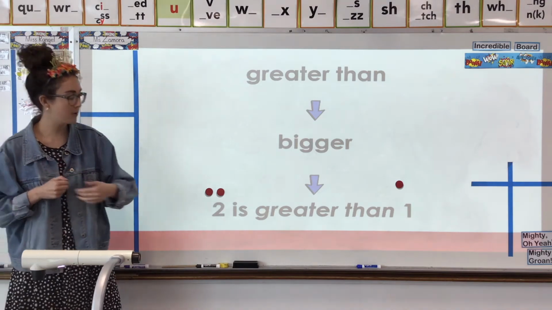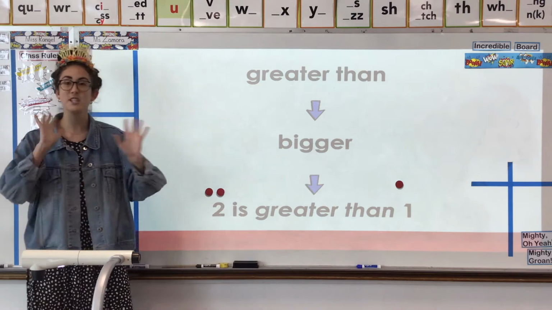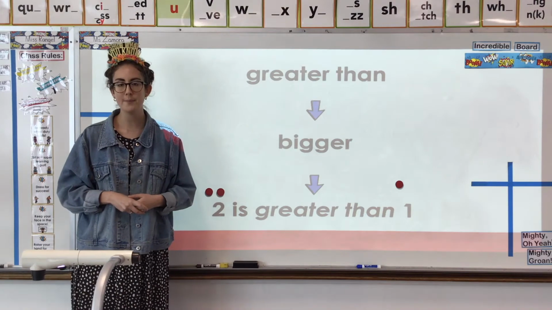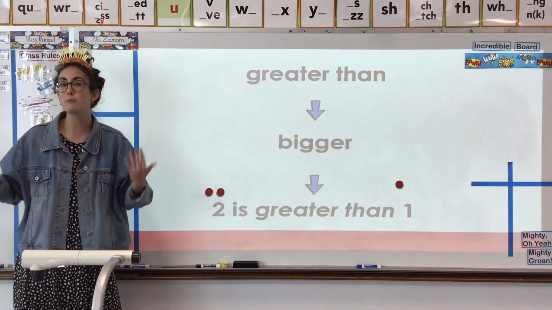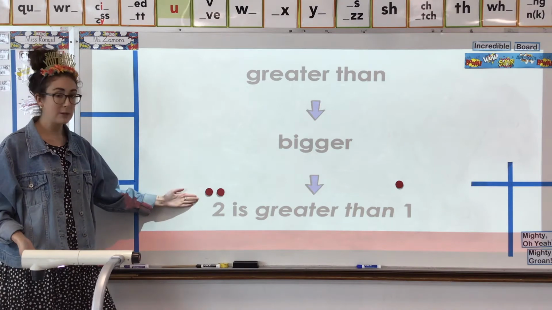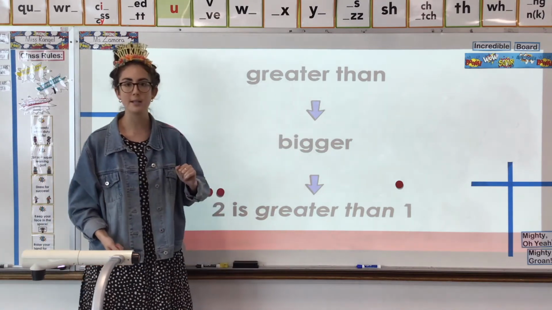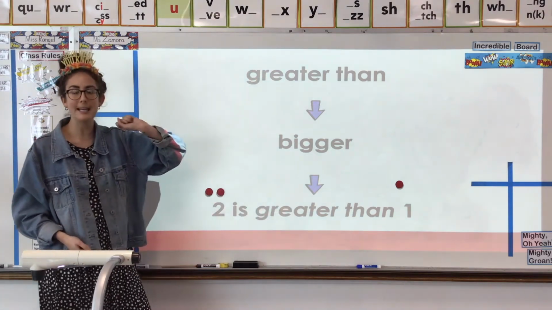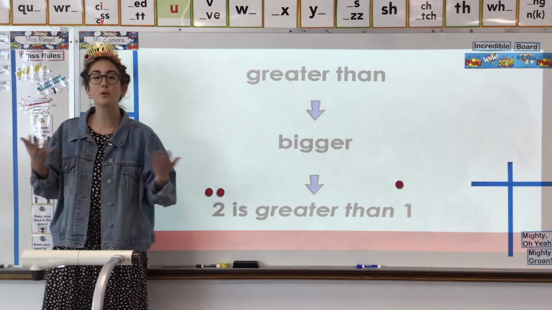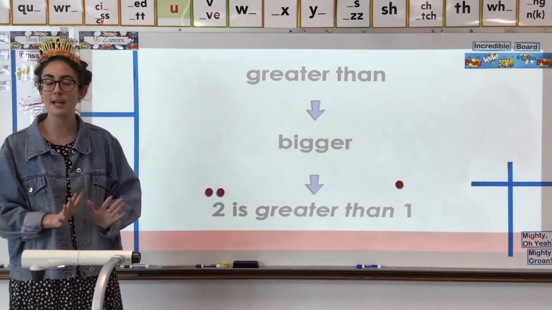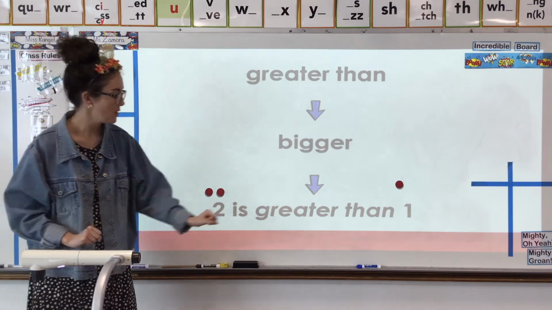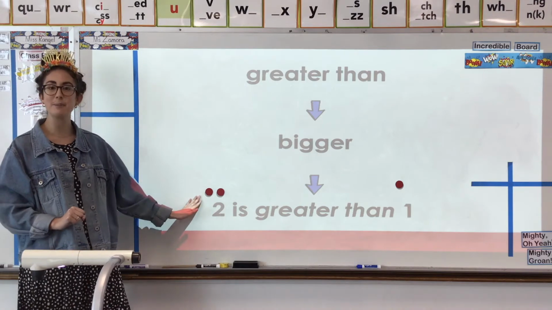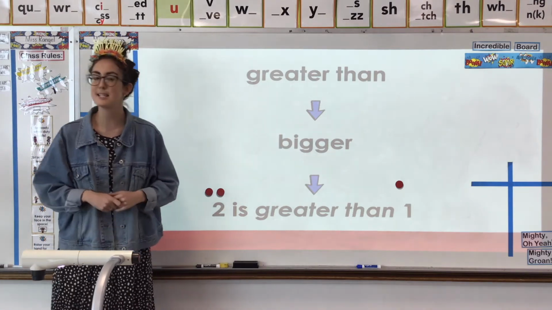And we were able to use the term greater than because first of our knowledge of the value of 2 and the value of 1, and knowing that when we write these number sentences, we're working with them from left to right, starting with our first number and comparing it to our second number in order to write the correct sentence that describes the relationship accurately. So by using greater than, we now know that 2 is the bigger number and 1 is the smaller number.